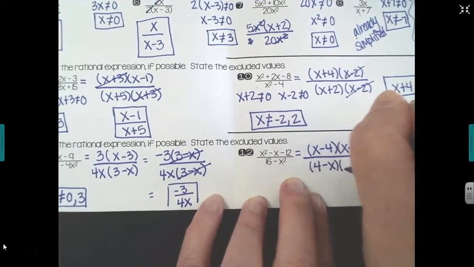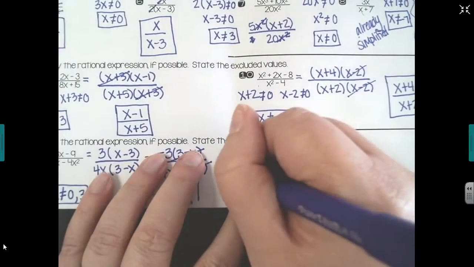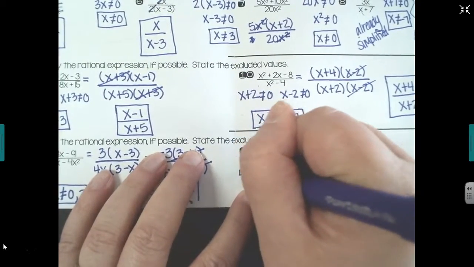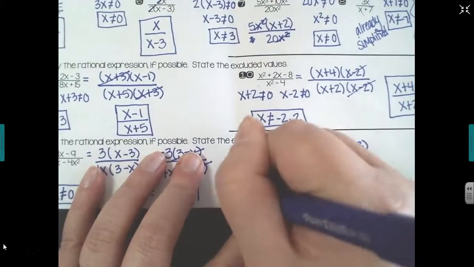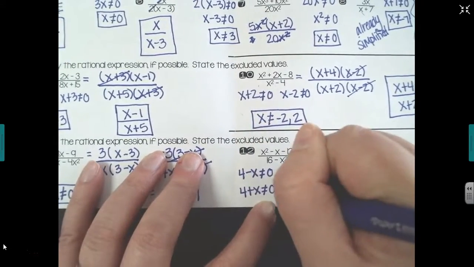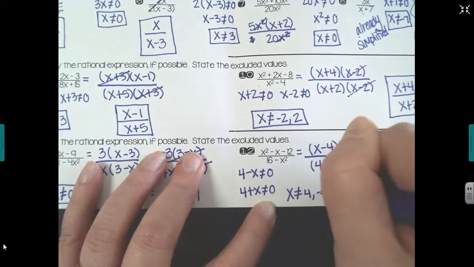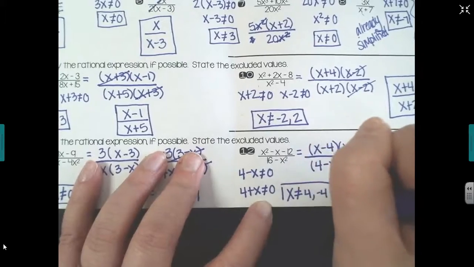So 4 minus x, 4 plus x. Let's take a look at our exclusions. 4 minus x cannot equal 0. 4 plus x cannot equal 0. That means x cannot equal 4 or negative 4.